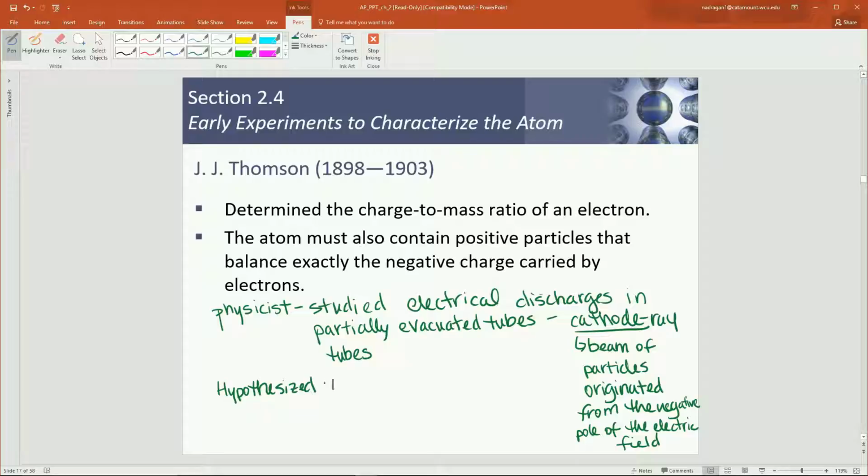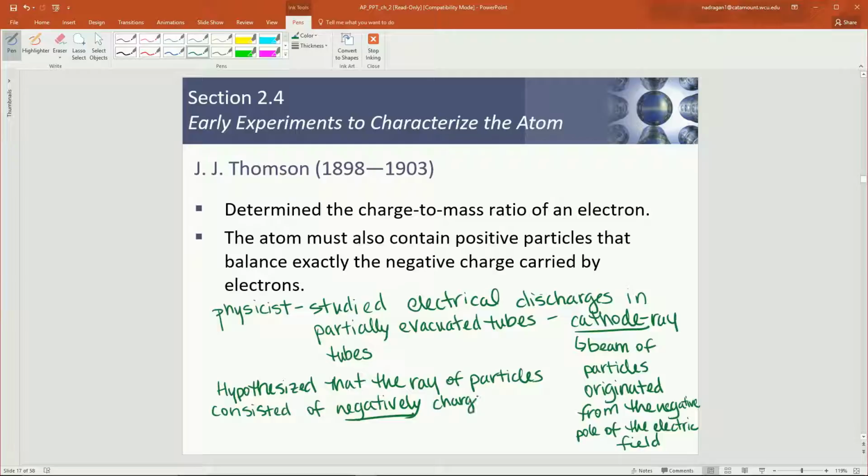that the ray of particles consisted of negatively charged particles.